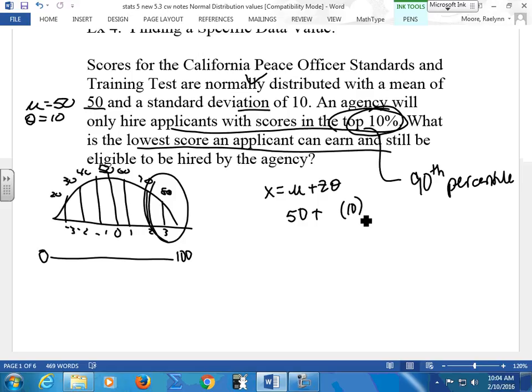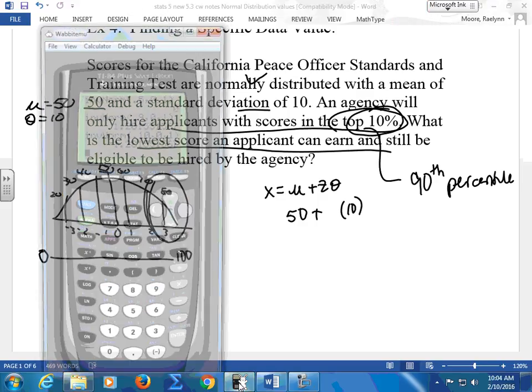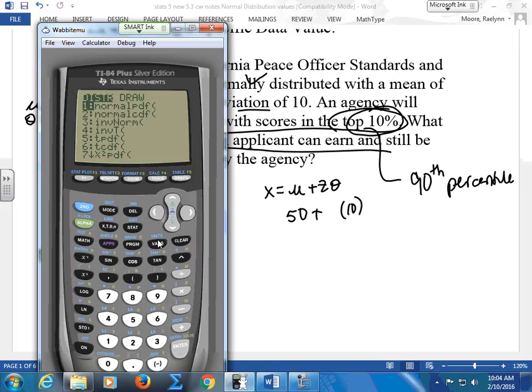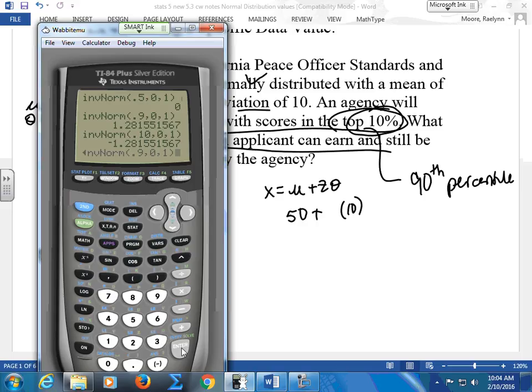You use inverse norm. What am I looking for? 10%? 0.9. So you're going to look up 0.9 because it's 90% to the left. And you're going to find the z-score, 1.28.